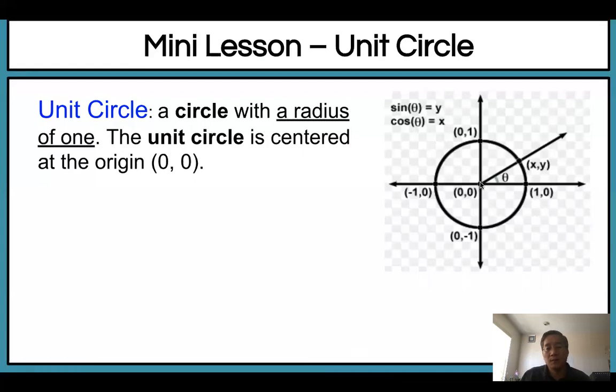And the center is at the origin, right? So radius is 1 from 0, 0 to the x, y here. This radius is equal to what? 1, right?